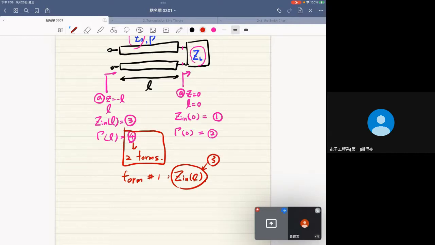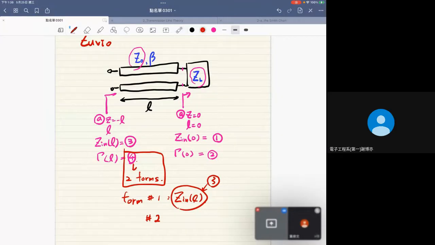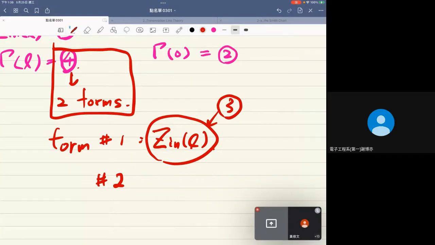And for another form of question number 4, you are going to use the formation of the forward voltage and the backward voltage, and obtain the relationship from question number 2.